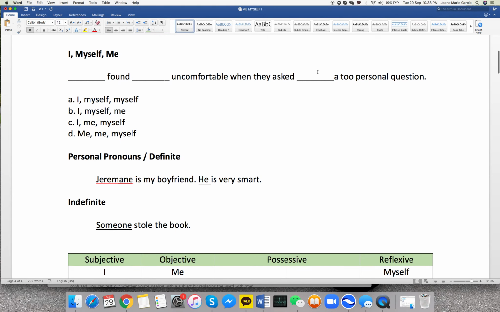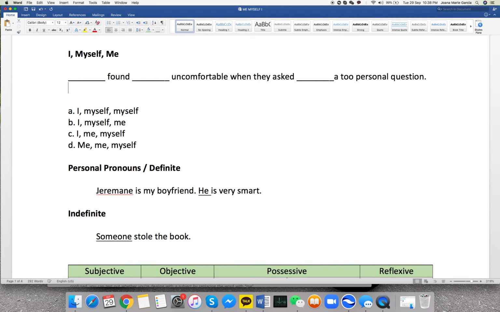Okay, so blank found myself uncomfortable when they asked blank a too personal question. So we have the subject here because we have the verb here. The subject is before the verb in basic English sentences. And then we have the object and the object complement, uncomfortable. So the object and the object complement are the same. And then there is a conjunction here, so it means that this is an adverb clause, an adverb of time.